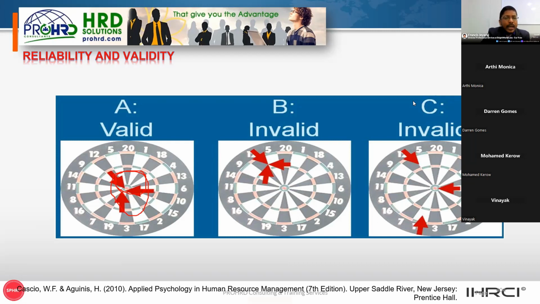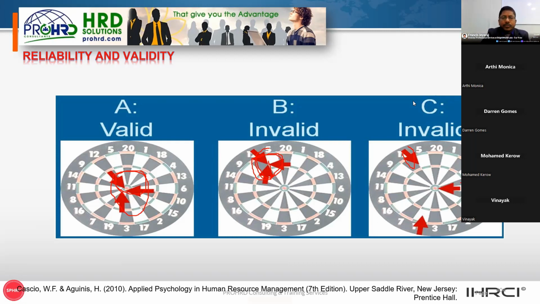So it is actually invalid, but it's reliable. If the results are randomly spread, that means it is invalid and not reliable.